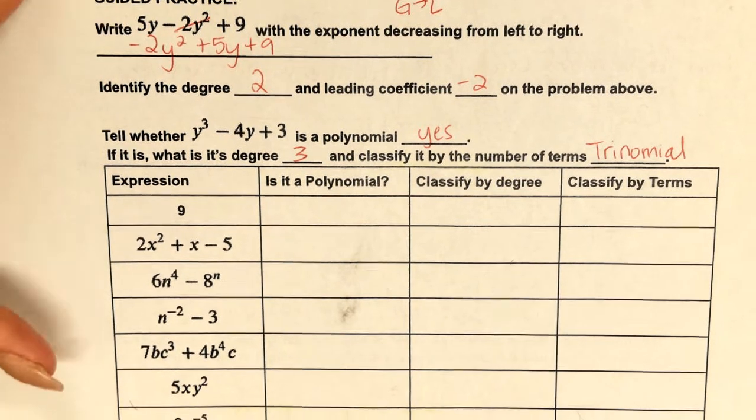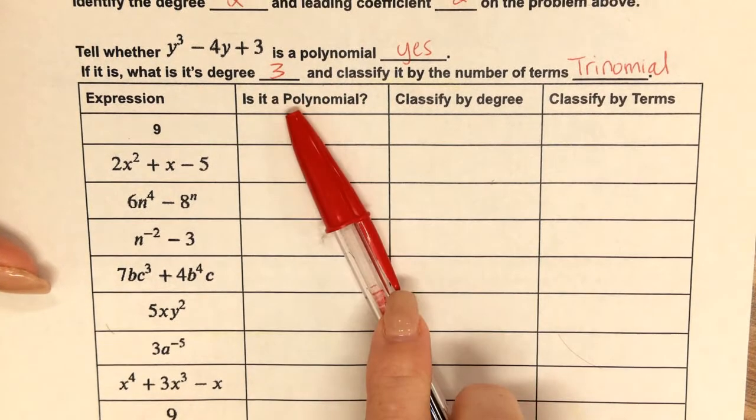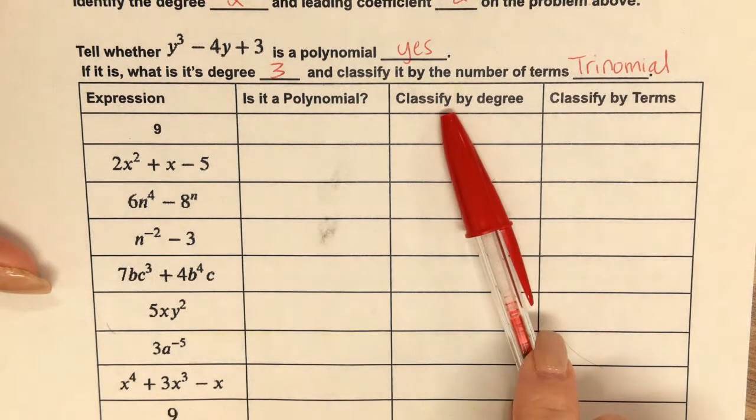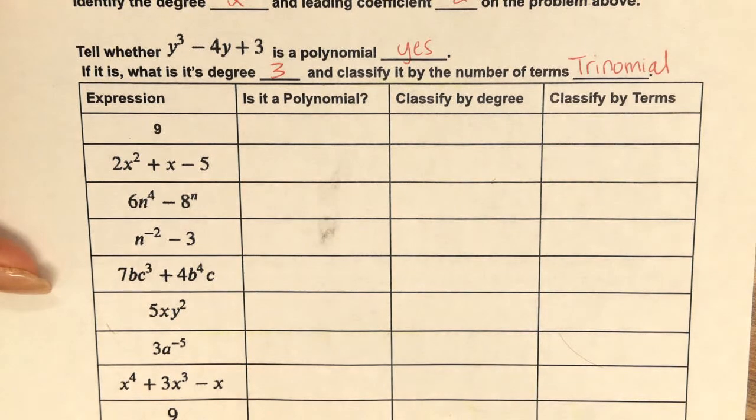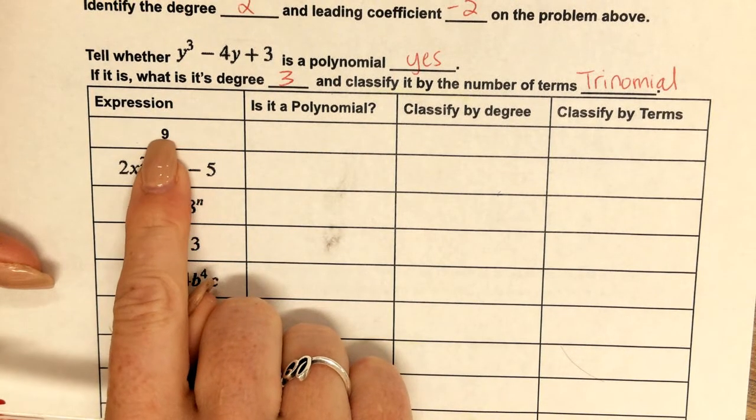It goes fast. So in the bottom part, we're going to write a check mark if it's a polynomial. If it is, then we're going to classify it by its degree and by its terms. Are y'all ready?